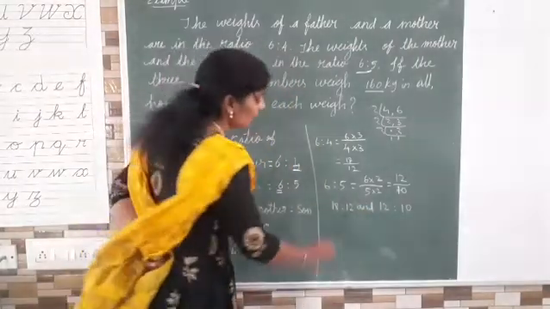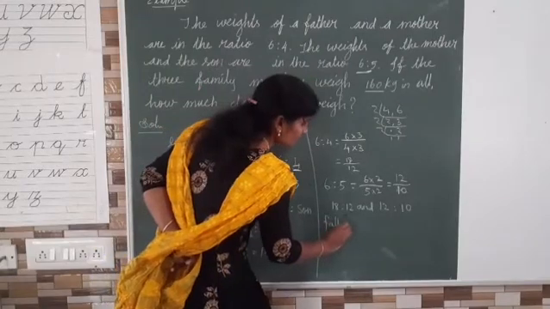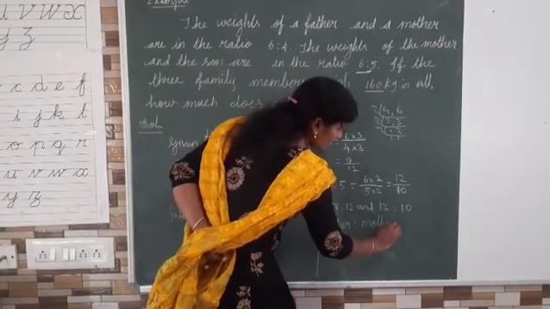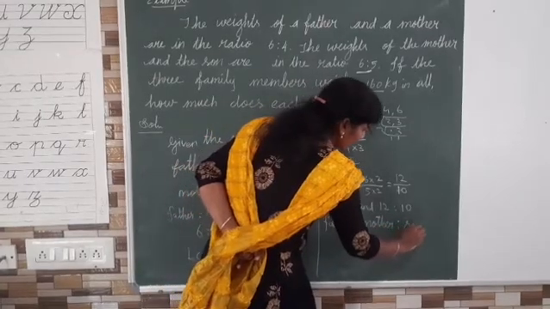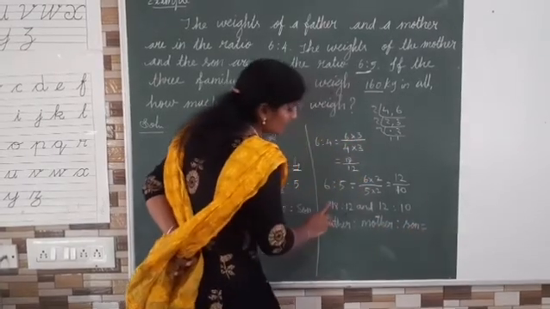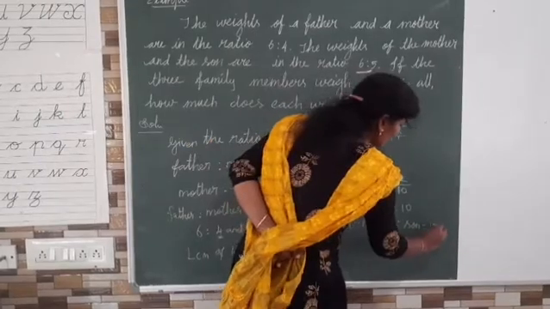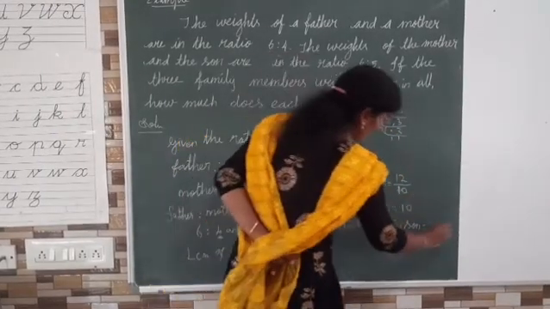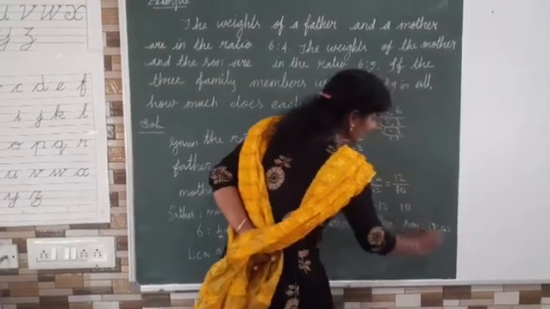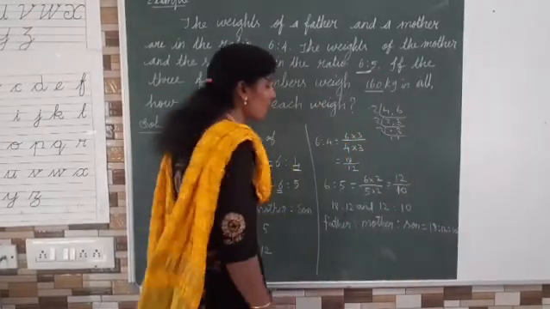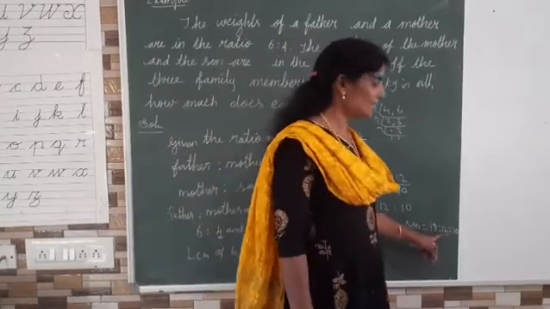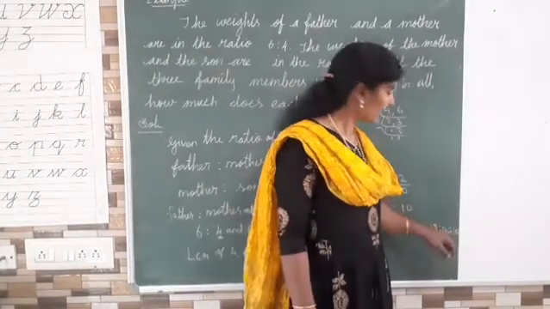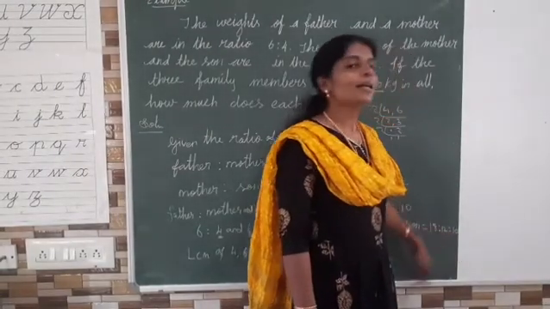So we can write father is to mother is to son equal to first 18, father ratio 18, is to mother's ratio is common, so 12, is to son ratio is 10. Okay, 18 is to 12 is to 10.